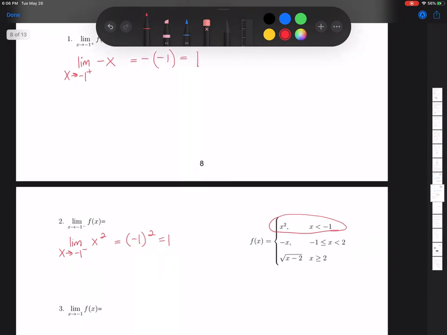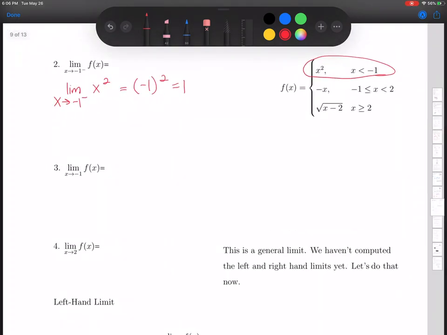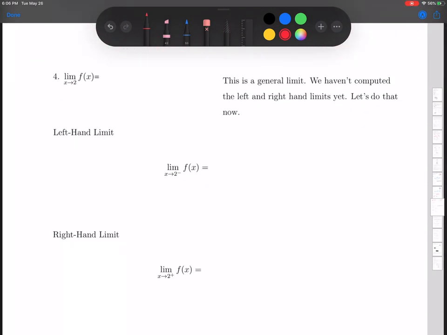Well, the left-hand side and the right-hand side match, so they're consistent. And what we can say here is that 3 is going to be equal to 1. And that's it. Remember, general limit: all you really have to ask yourself is, do the left and right hand limits equal each other? If they do, boom, you're done. That is what your general limit is also equal to. Okay, let's move on to part 4.